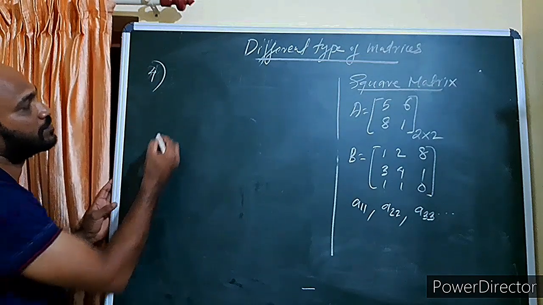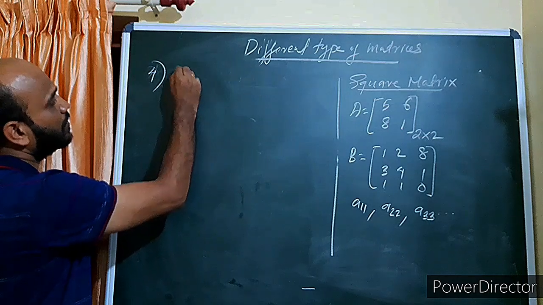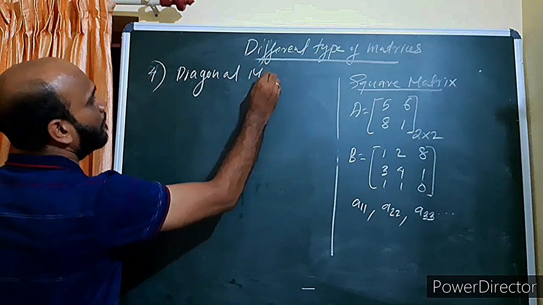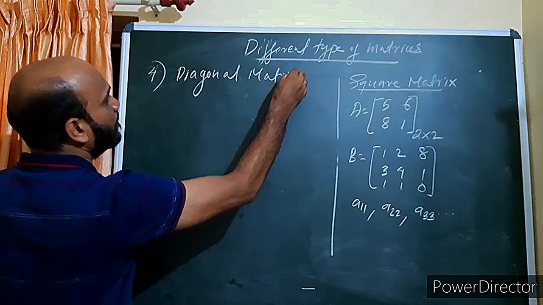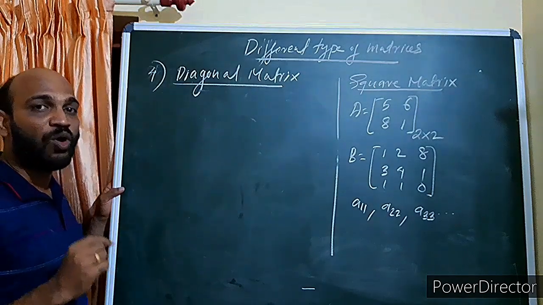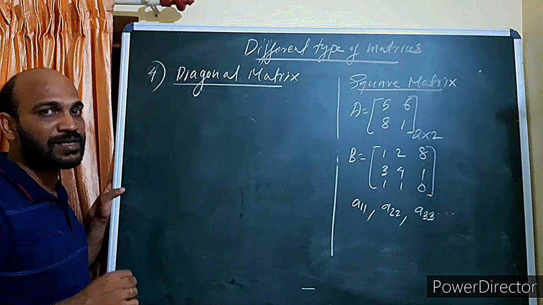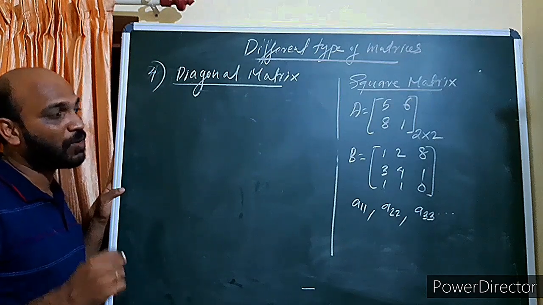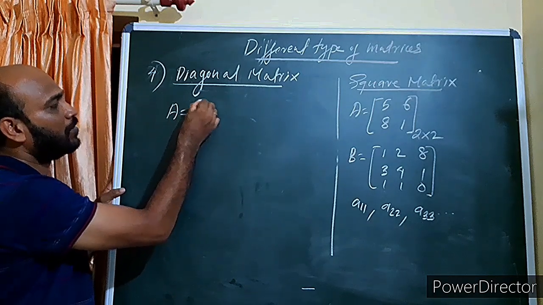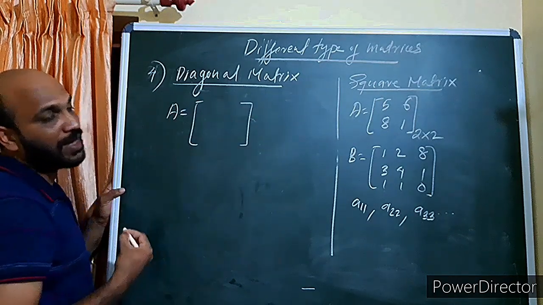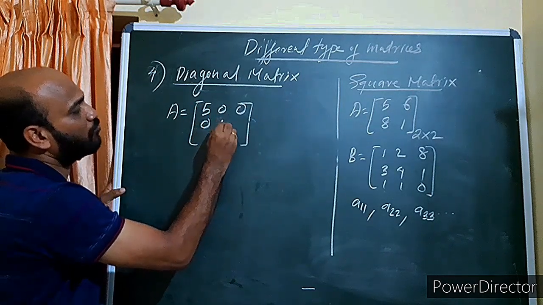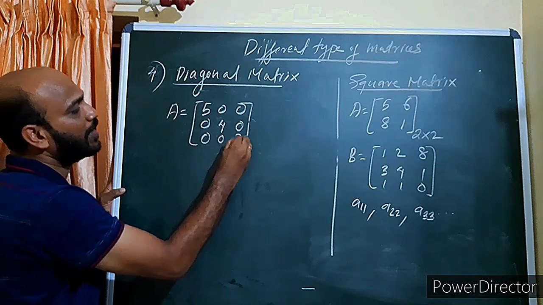Now, the fourth type of matrix, that is the diagonal matrix. A square matrix is said to be a diagonal matrix if all its non-diagonal elements are zeros. For example, A equal to, this should be a square matrix, and we can write the elements like this: 5, 0, 0, 0, 4, 0, 0, 0, 8.